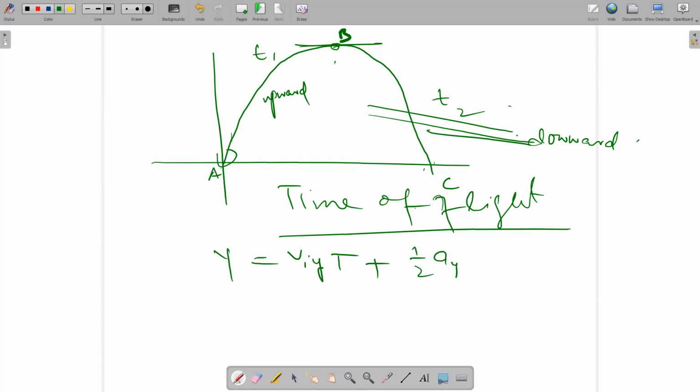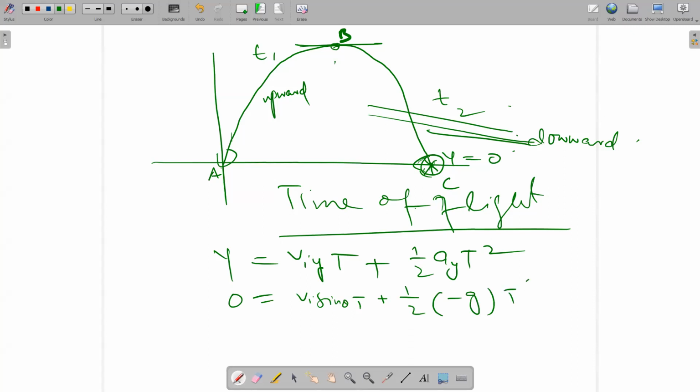At this position, not the highest position, the y value will be 0 because here there is no y component, only x. So y is 0, and Viy is Vi sine of theta, so 0 is equal to Vi sine of theta into t plus 1/2 into minus g into t square.